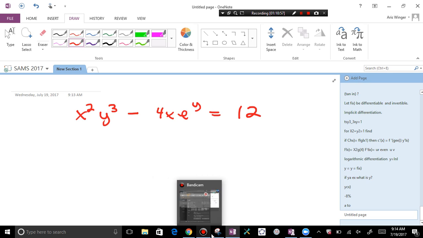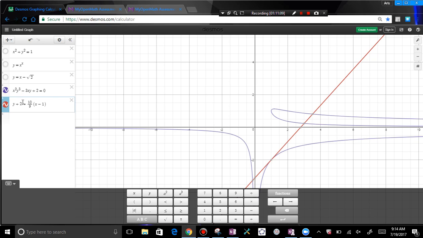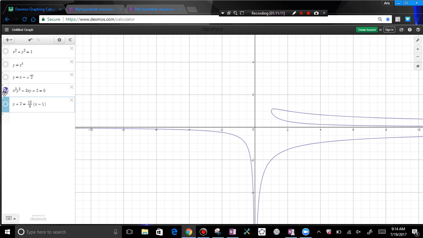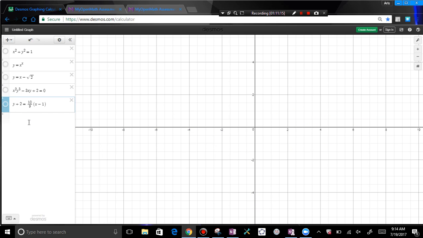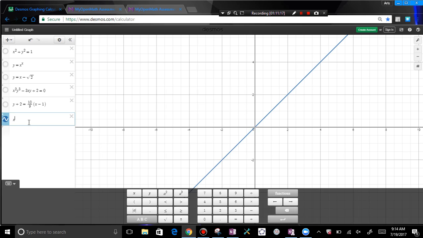x squared y. The question is, find an expression for y prime. It's going to involve both x and y. x squared y to the third. Is it minus? What did I write?